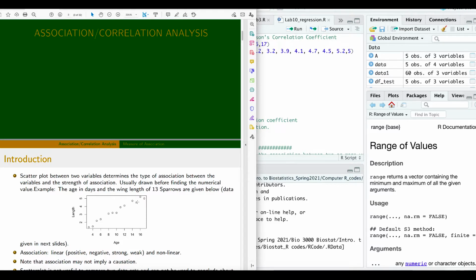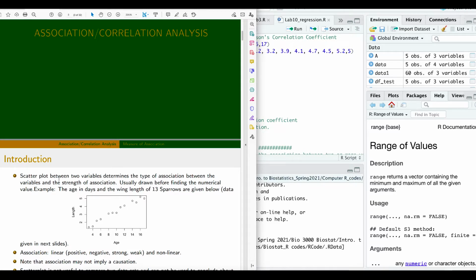I would not say dependent, linearly associated or linearly related, and that association is strong because they are almost in a straight line. If the data are a little far away from the straight line but still show an increasing pattern, then it is a weak association. But if there is no pattern of increasing or decreasing, then we say no association or no correlation.